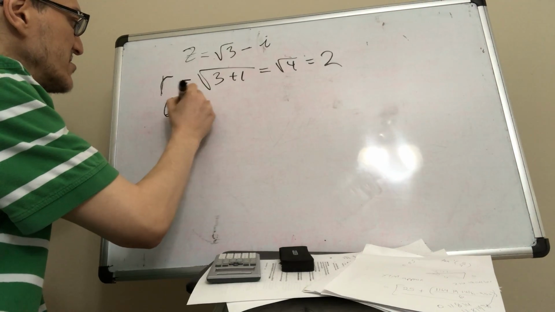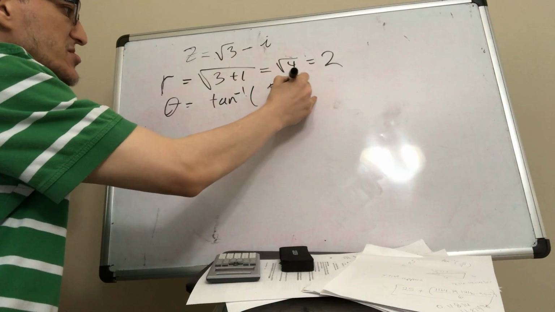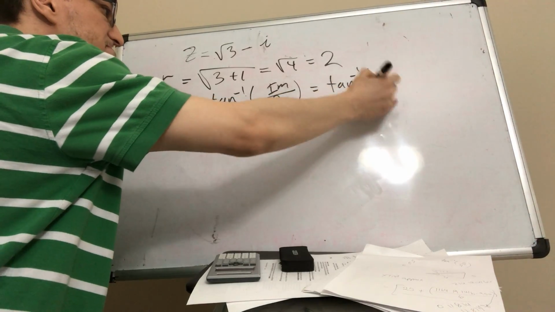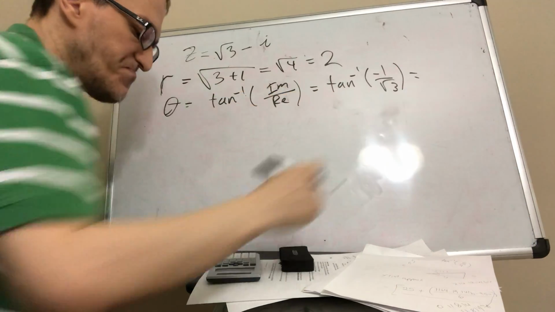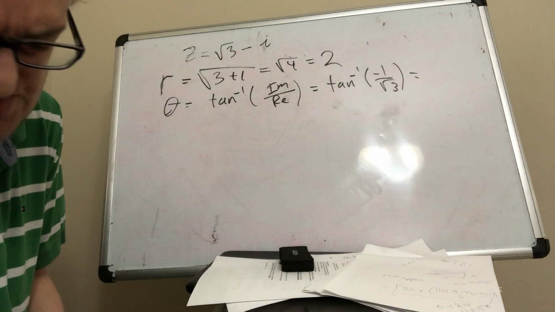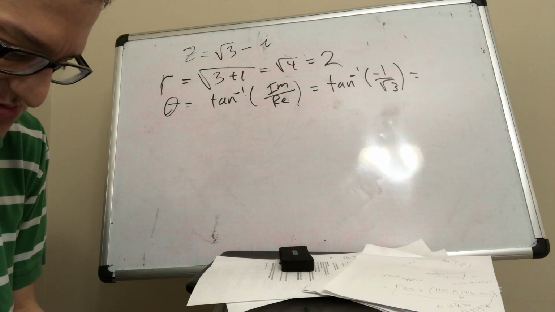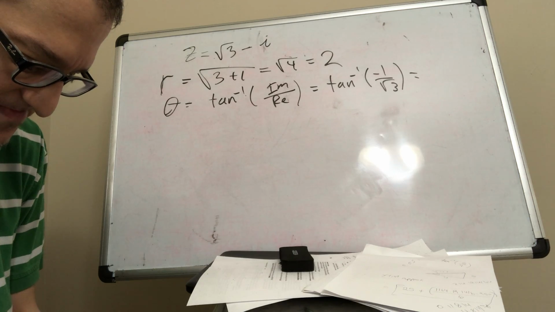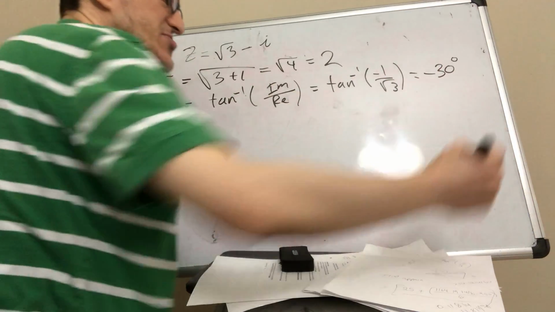We do the argument, which is tan inverse of imaginary over real. So tan inverse of negative 1 over root 3. Now, it depends on your calculator. If you do tan inverse of negative 1 over root 3, in degrees, it will be negative 30 degrees.